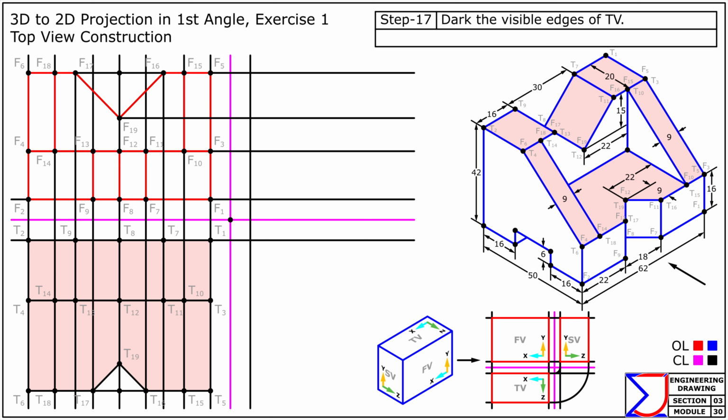Now, darken the visible edges. With this, the top view is complete. Once completed, project lines from every key point in the top view to guide the side view construction.